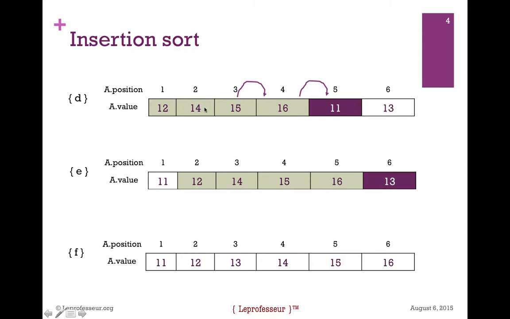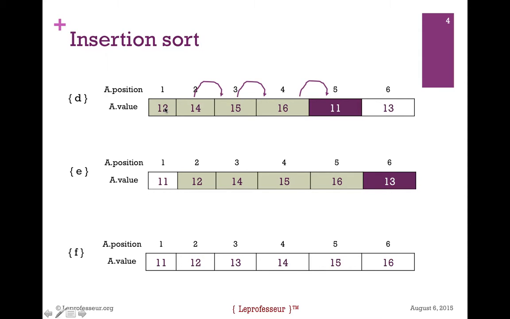So now we compare 11 with the number 14, which is at position number 2, and we find the same thing. 11 is less than 14, so we move number 14 to the next position, that is 3. 14 goes to position number 3, and now we compare number 11 with position number 1.